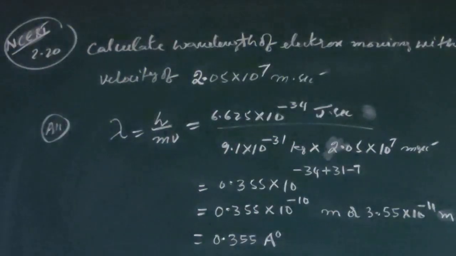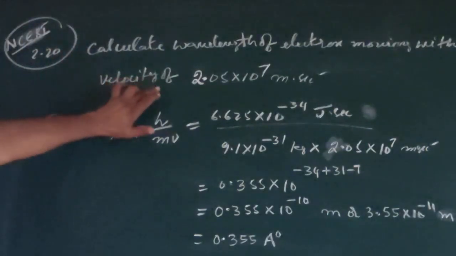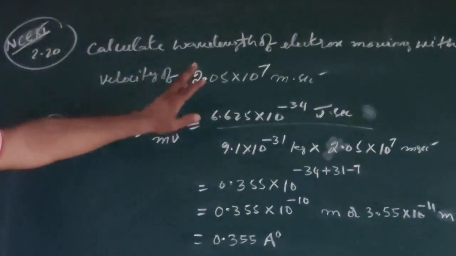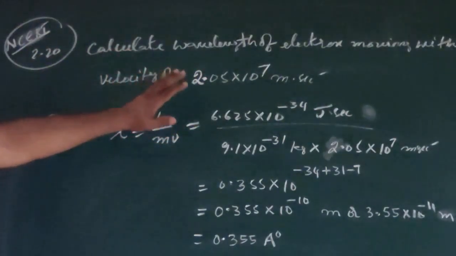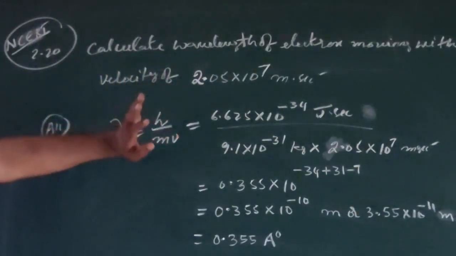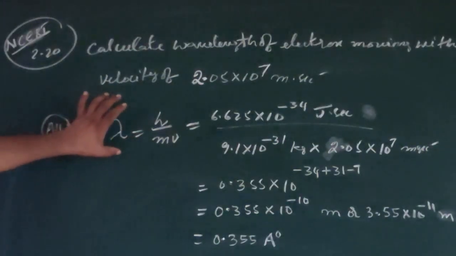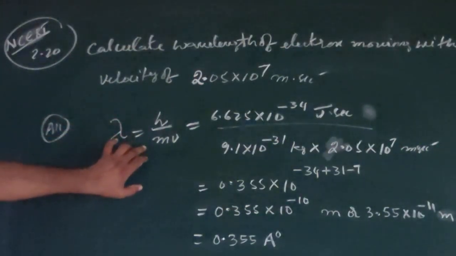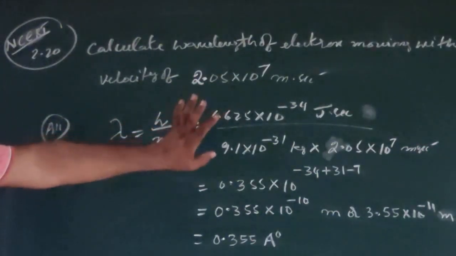Next one, NCERT question 2.20. This is a simple question. Calculate the wavelength of an electron moving with velocity of 2.05 into 10 power 7 meters per second. According to de Broglie concept, lambda is equal to h by mv. h value we can consider 6.625 into 10 power minus 34 joule seconds.